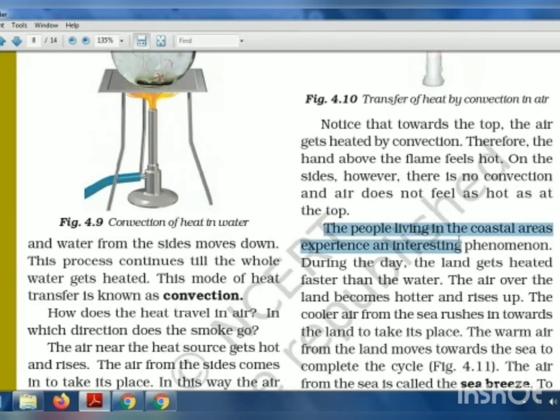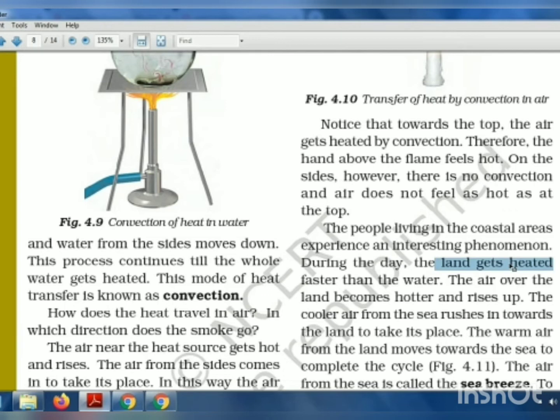The people living in the coastal areas, those who are living near the sea, experience an interesting phenomenon. So what is that phenomenon? During the day, because of the sun's rays, the land gets heated faster than the water.